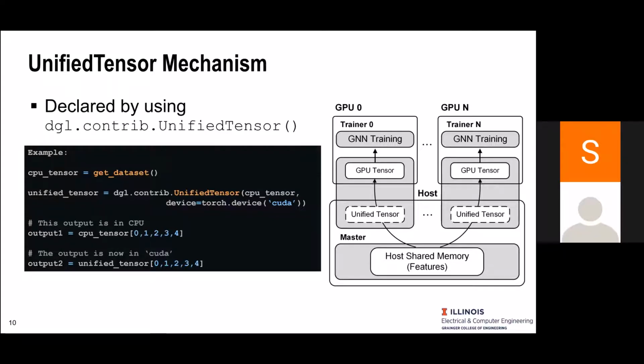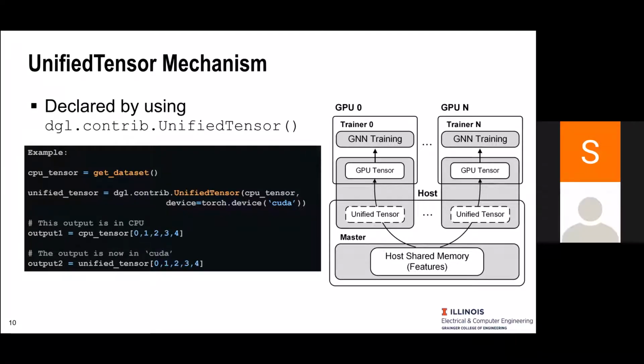To convert the CPU tensor into a unified tensor, you simply call dgl.contrib.UnifiedTensor, pass the CPU tensor, and specify the device you want to map this CPU tensor to. For example, in this case, we are just using the default CUDA device. Assuming there's only one device in your system, the one GPU that you have will get a mapping to the CPU tensor, so the GPU can now directly access the data stored in the CPU.